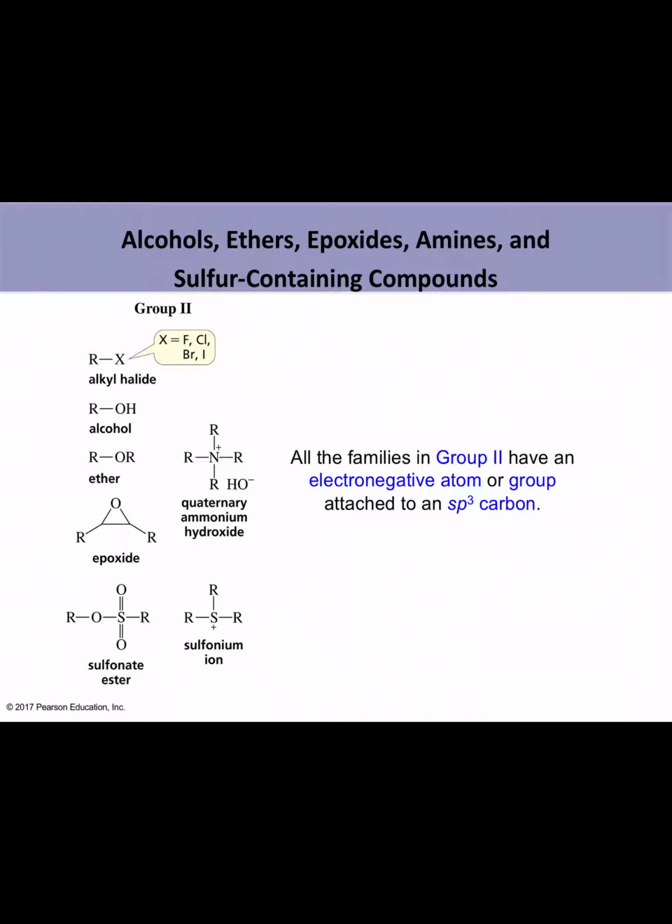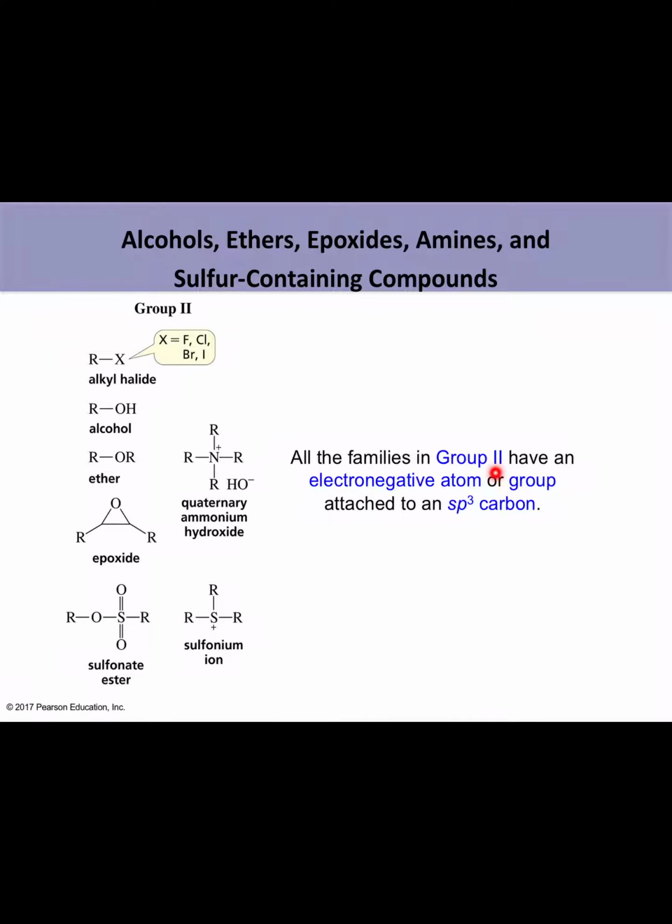And in alkyl halides you also have an electron withdrawing group, which is a halogen group. Halides are your halogens: fluorides, chlorides, bromides and iodides. In this book, we call this family the group 2 family.